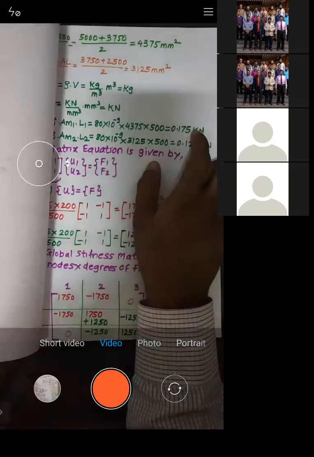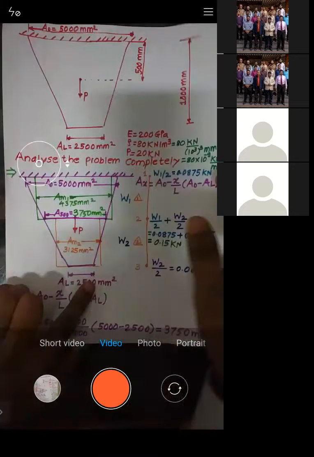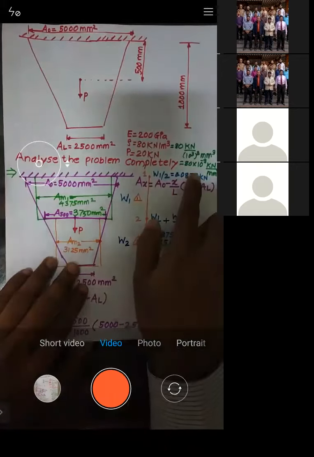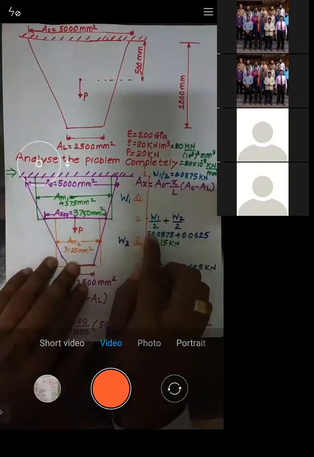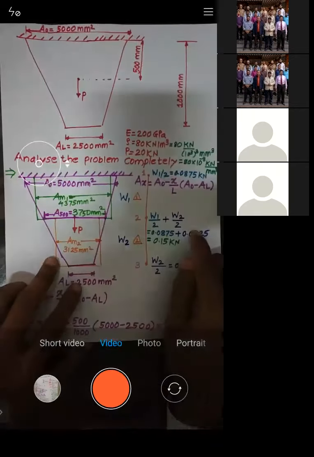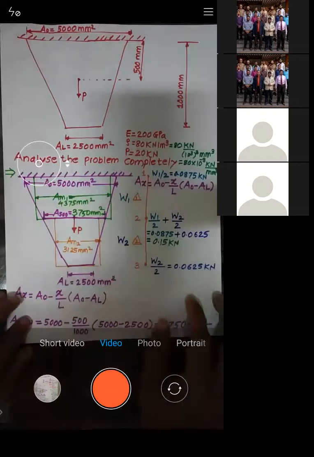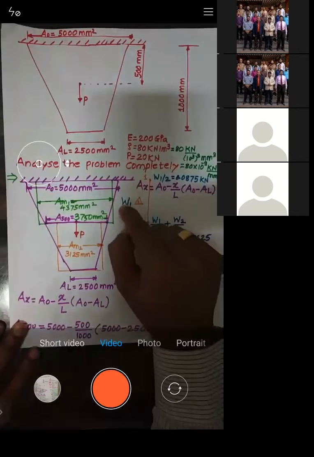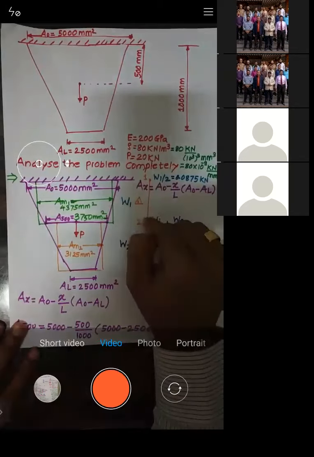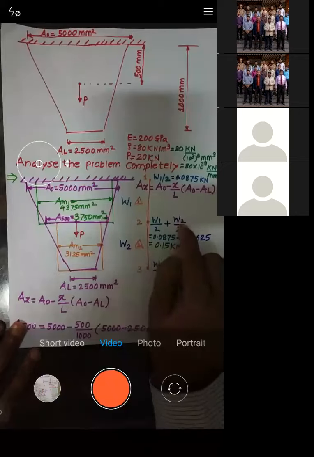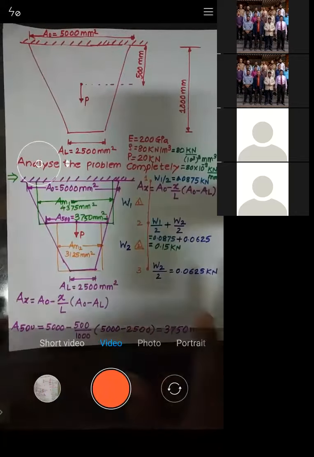Out of 0.175, I'm putting half weight here and half weight here. So the addition of this and this is 0.175. Similarly, out of 0.125, I will put half here and half here. Weight of element number 1, you split half at node 1 and half at node 2. Similarly, weight of element number 2, you split half at node 2 and half at node 3.